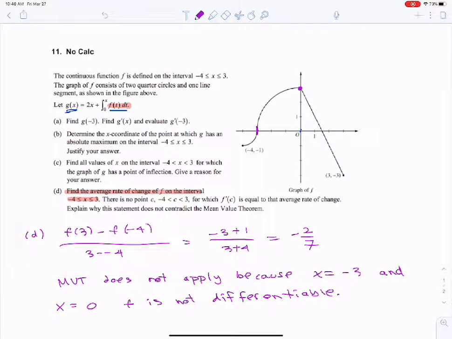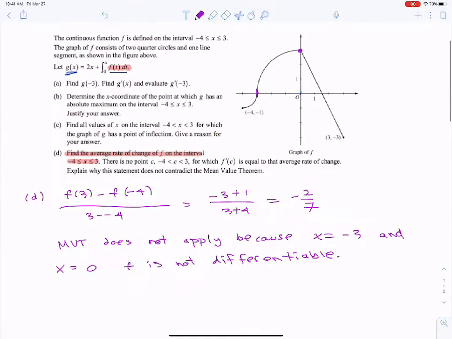Before we leave number 11, is there any general questions regarding number 11 that were missed and need to be taken care of? Okay, if not, let's move on to number 20.